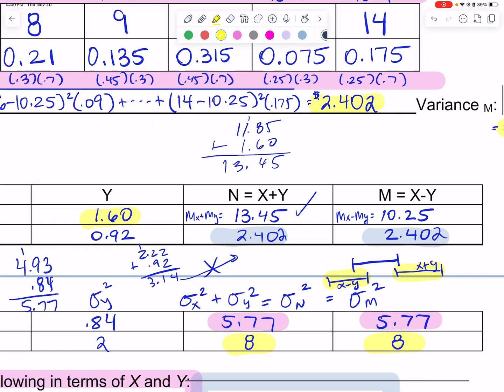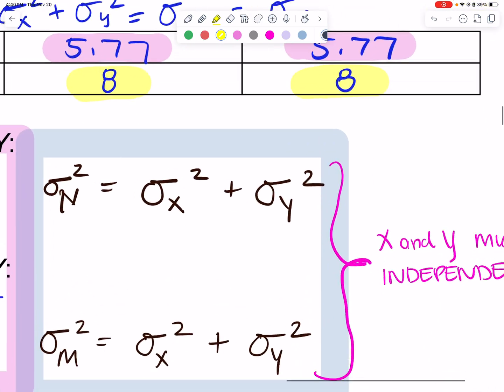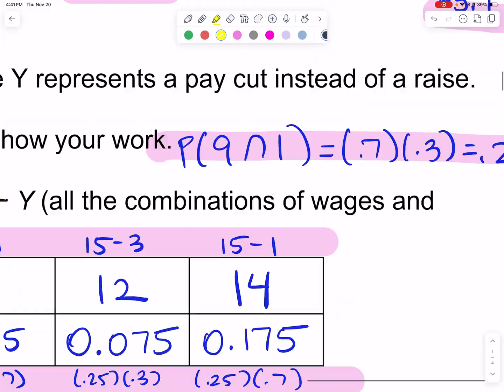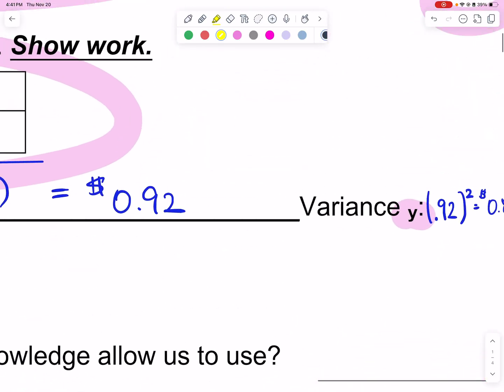All right, so for the variance, I just add both variances together. Simple, easy. Remember, we got stuck on standard deviation, didn't know how to do it, but we did on variance. Well, let's go back to the formula that you wrote in the very beginning of class.